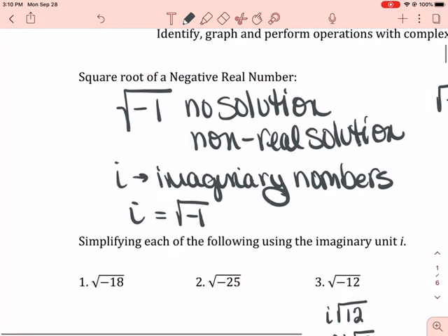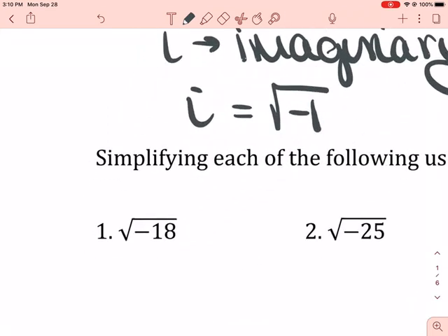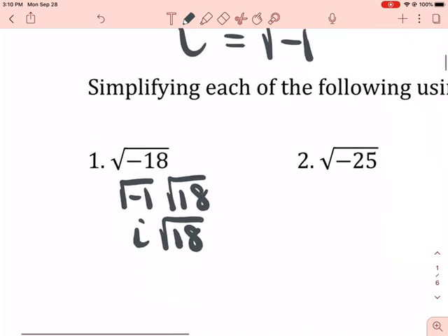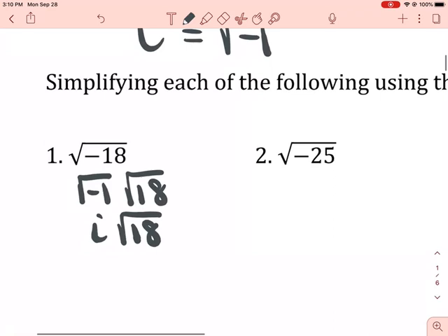All right, let's take a look at some of these, simplifying. Square root of -18. We're going to take this as the square root of -1 times the square root of 18, so i square root of 18. If you know how to simplify the square root of 18, it's going to look like 3i square root of 2.